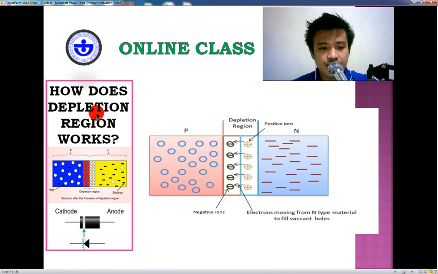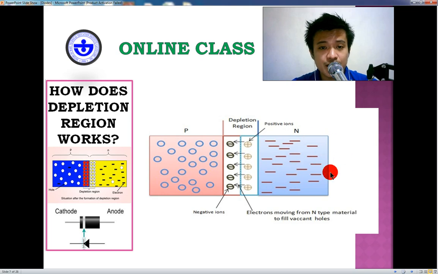How does the depletion region work? How does the depletion region block the flow of current? Here is our illustration: this is the p type, this is the n type. Once this is supplied with positive, this region will have a positive charge. The electrons coming from here will move towards the holes in the p region, and this negative ion will move in there.